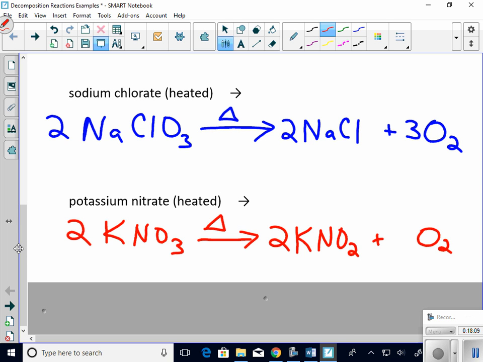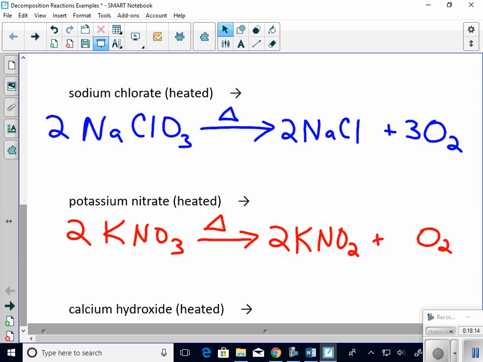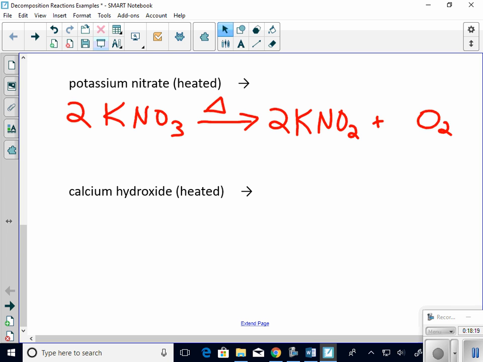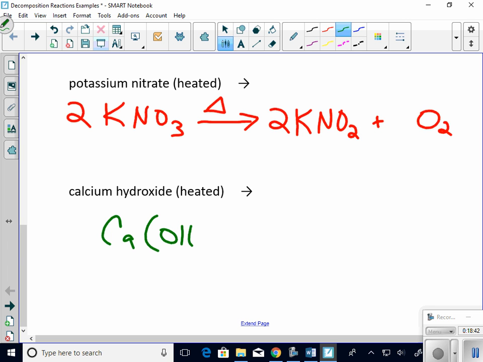Now, our final problem is going to be calcium hydroxide heated. What's the formula for calcium hydroxide? Ca(OH)2.